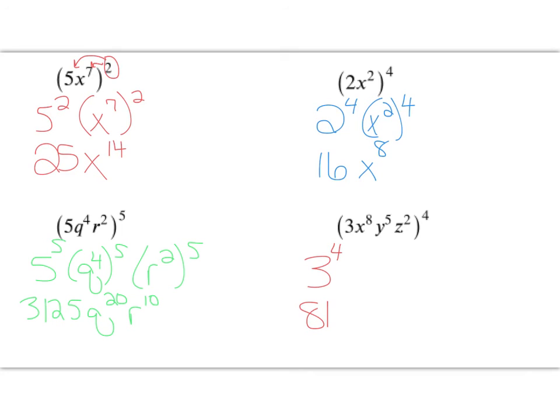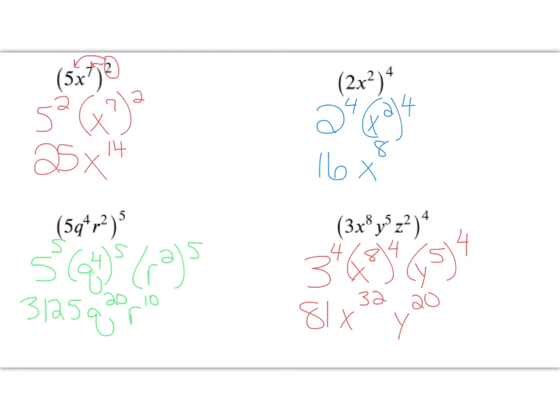Now look at x and tell me what the exponent for x is going to be. X to the 8th is going to be raised to the 4th, which is going to give you x to the 32nd power. Look at your y, tell me what the new exponent for y is going to be.